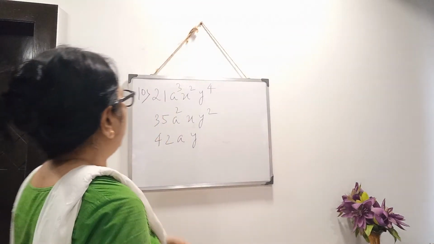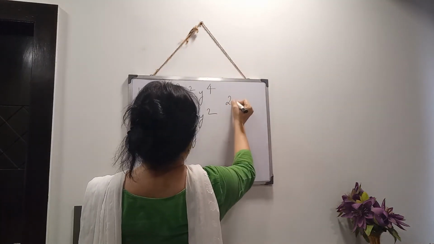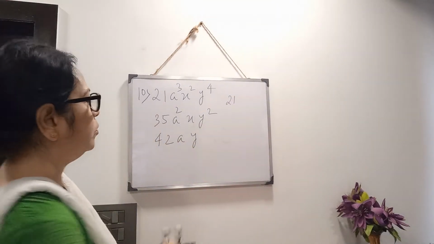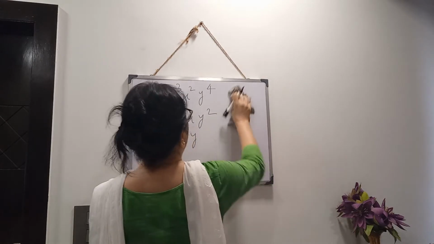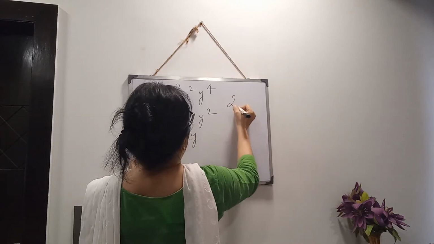Okay. Now to calculate the LCM, first we will do this with 21, 35, 42, the way you have learnt in class 7.